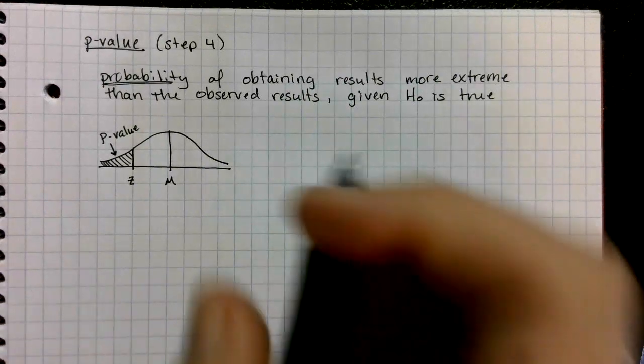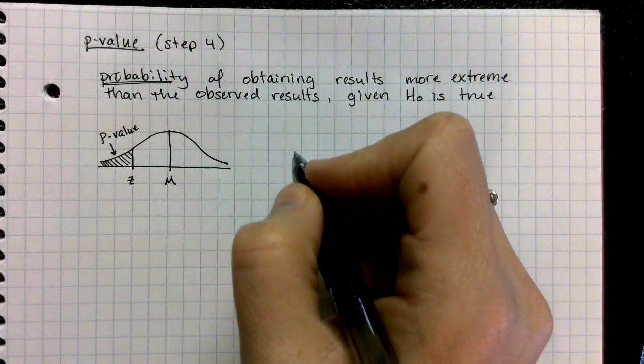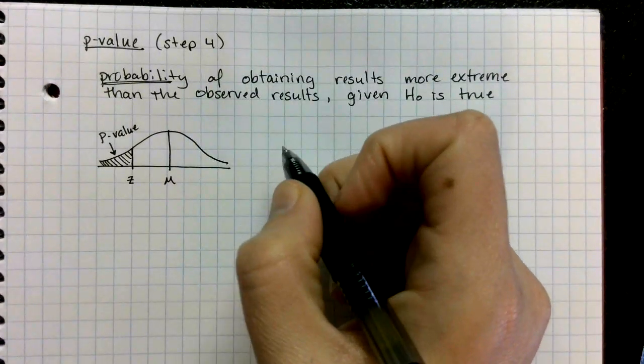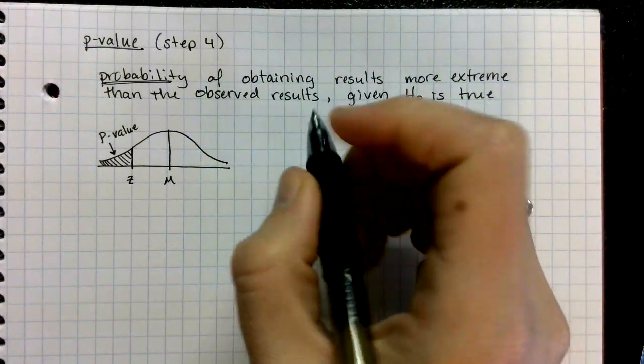And basically, what it tells you is, is it extreme enough that it raises some red flags? Okay, is it extreme enough to raise some red flags? So we have a standard cutoff that helps us determine what we are going to do with this p-value.